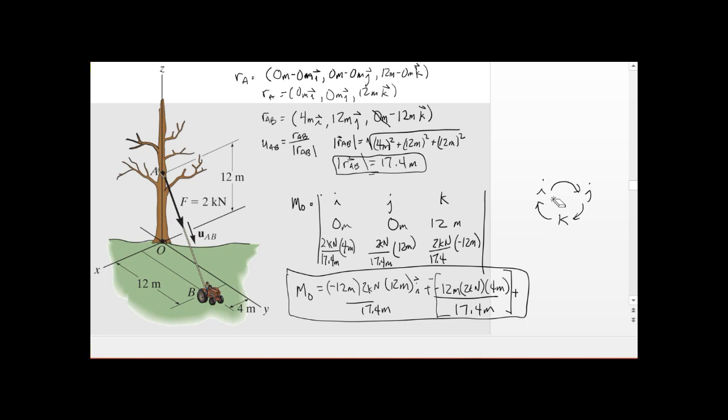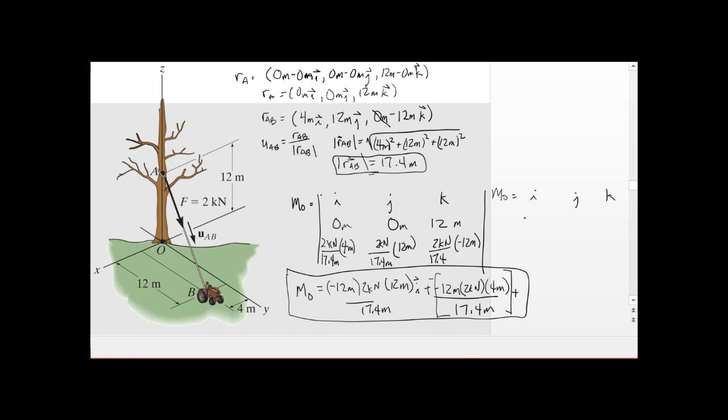Then we can calculate the last part of the problem, which is if we wanted to calculate it from the RB term. So what would that look like? We would have to calculate MO is equal to IJK, and we still have F being the same, but we have a different vector for the direction vector because we have RB.